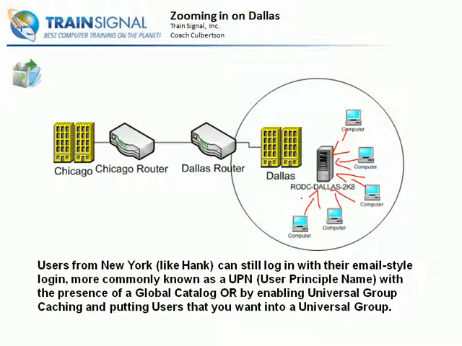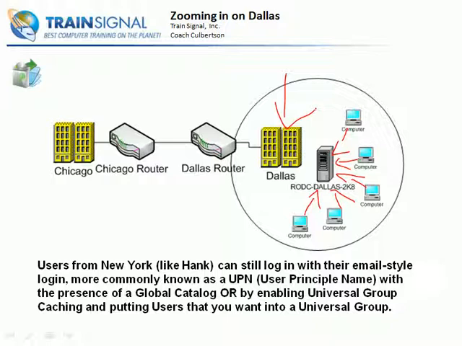Now, this is only possible if you have a presence of a global catalog or by enabling universal group caching. But in order to use universal group caching, you have to put your users in a universal group, and I've already shown you how to do that as well. So even though we have this separate section and that's kind of restrictive, if that global catalog is in place, your users are in a universal group, and universal group caching is enabled on the Dallas site, which in our instance, you remember how I told you that I accidentally, quote unquote, enabled the global catalog?